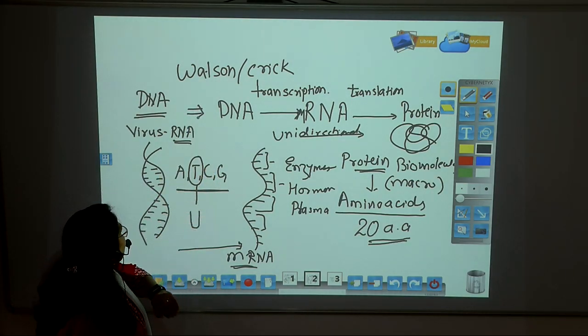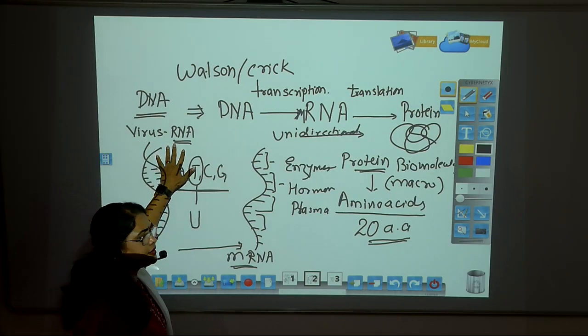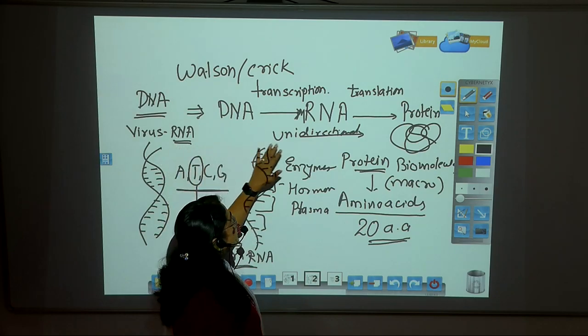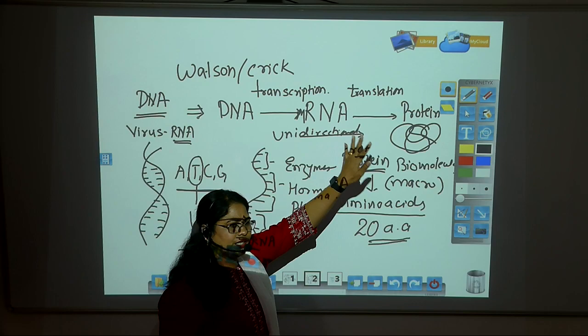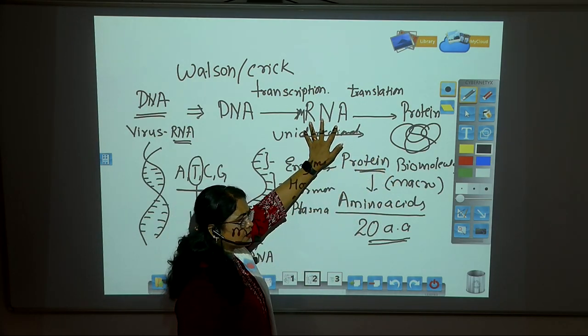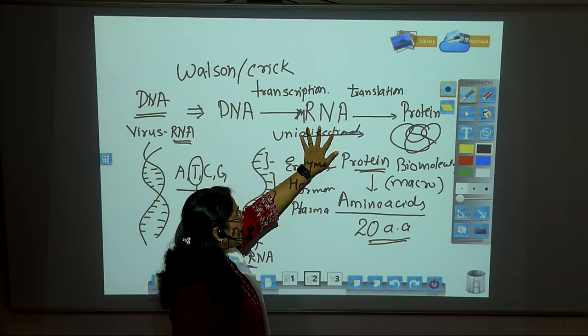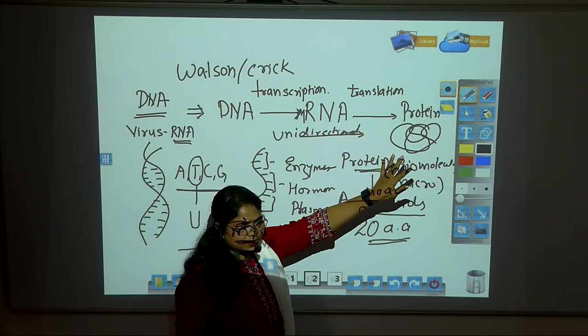But as I told you before, there are certain viruses which have RNA as a genetic material. In this case, from only RNA, the protein cannot be synthesized, because this RNA does not have the required codes or information for the synthesis of a protein.